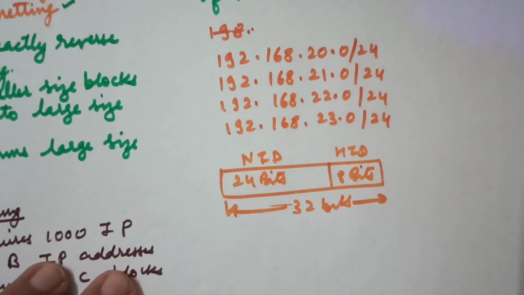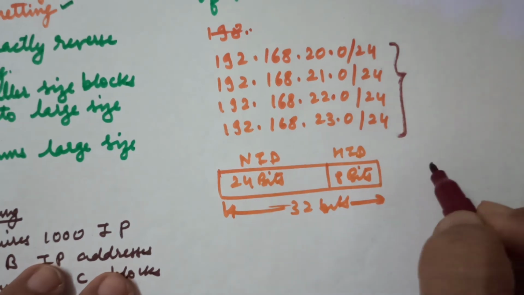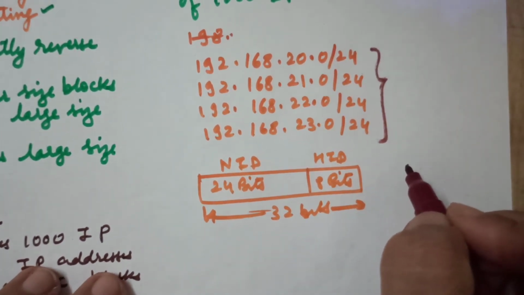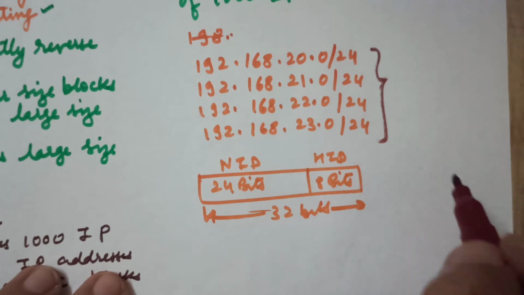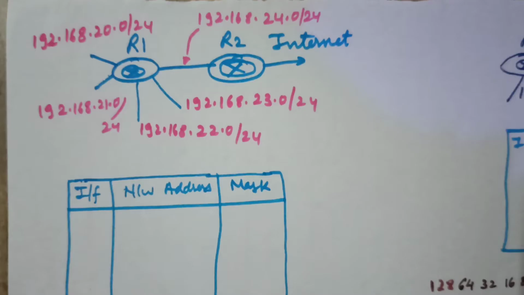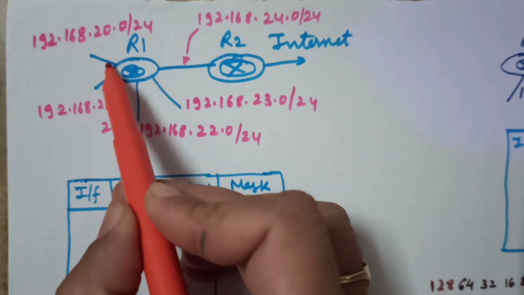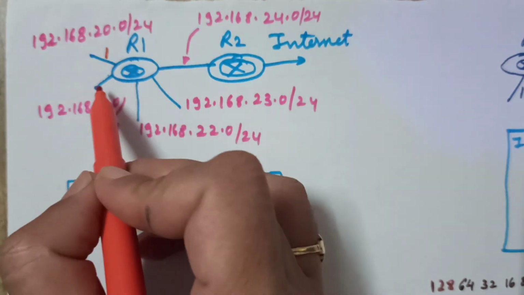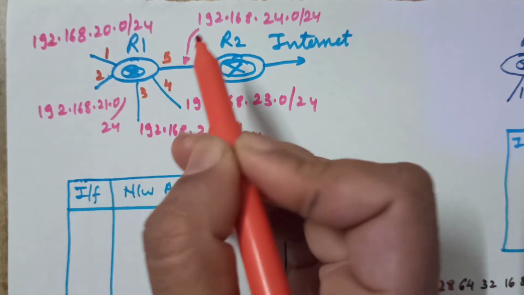Now these 4 Class C blocks can be combined with the help of supernetting to satisfy the requirement of 1000 IP addresses. Now let us consider that router R1 has got 5 interfaces, 1, 2, 3, 4, 5, and each of these interfaces are belonging to Class C networks.